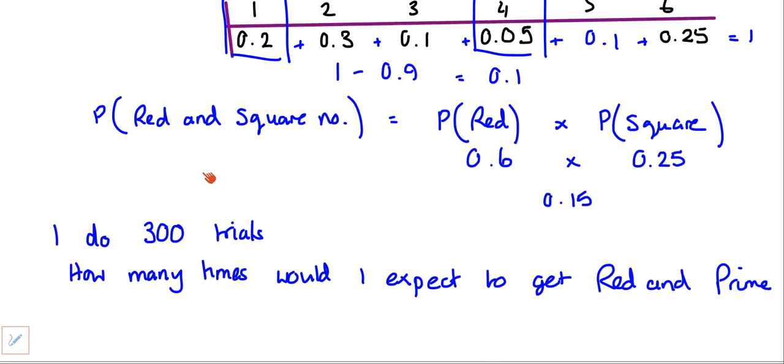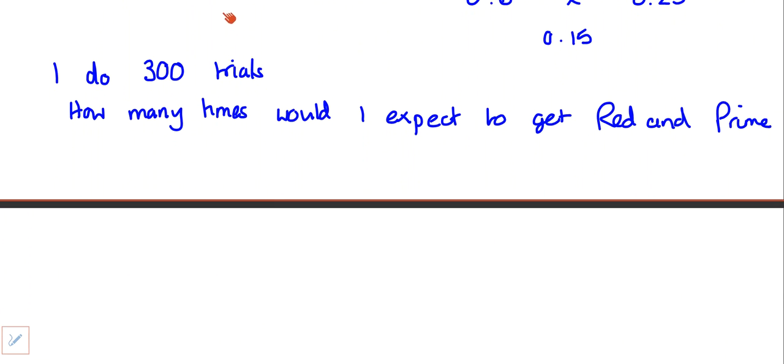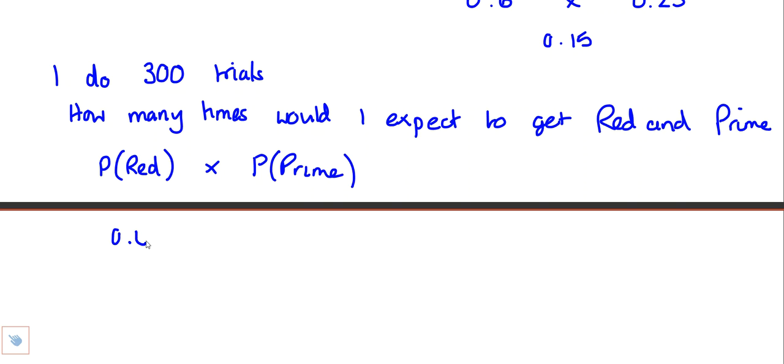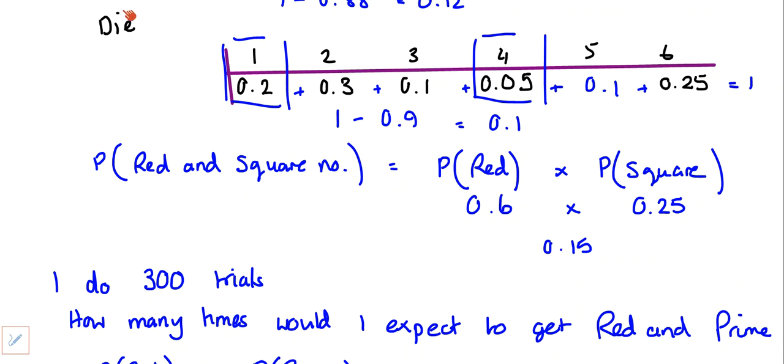Okay. So we're looking for the probability of red times the probability of prime. So the probability of red again was 0.6. What was the probability of a prime this time? Now prime, what are the prime numbers? 2, 3 and 5. So 0.2, 0.3, 0.1, 0.1.